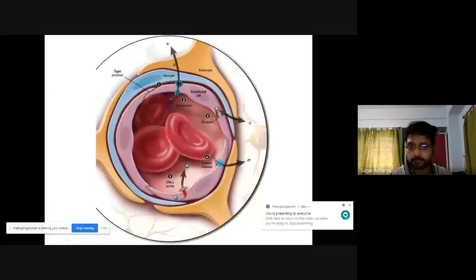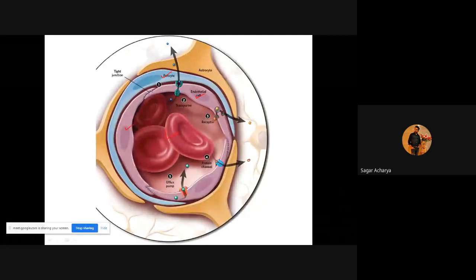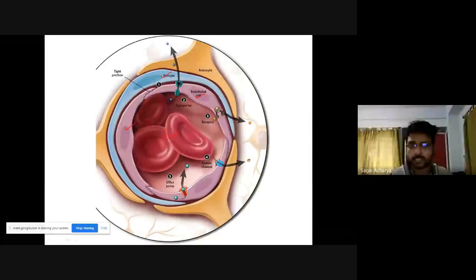These are the endothelial cells here, and a discontinuous, half-circle pericyte. We'll come to that. What is this cell, where did it originate from? And these are astrocytes, actually astrocyte end feet. These are brain cells.